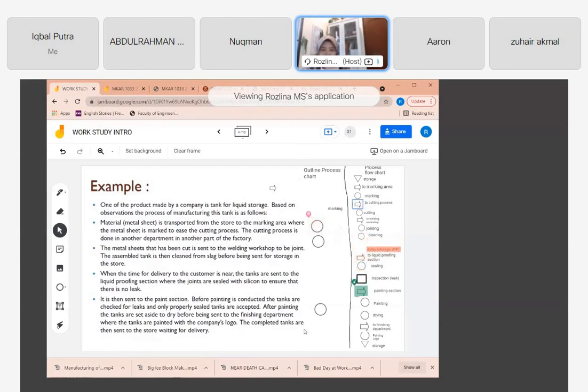Storage. To storage. And then you get the delay. The delay symbol means delay, in the bracket storage of work in process. Okay, good. Delay is D. But for the transportation, the word is to store.